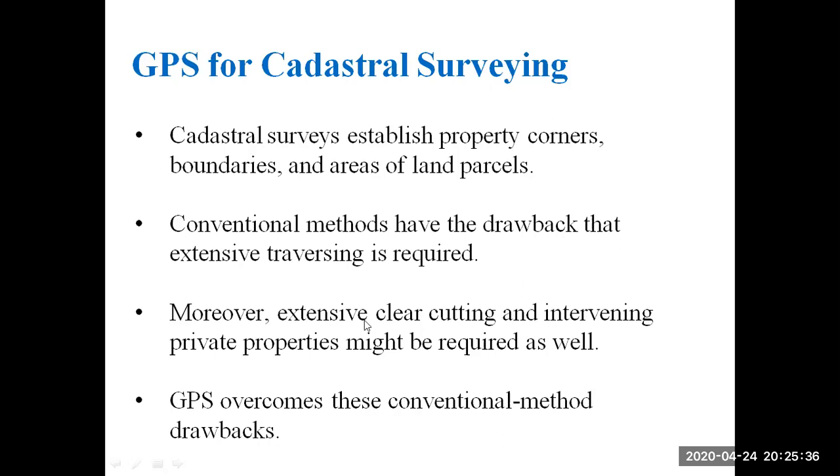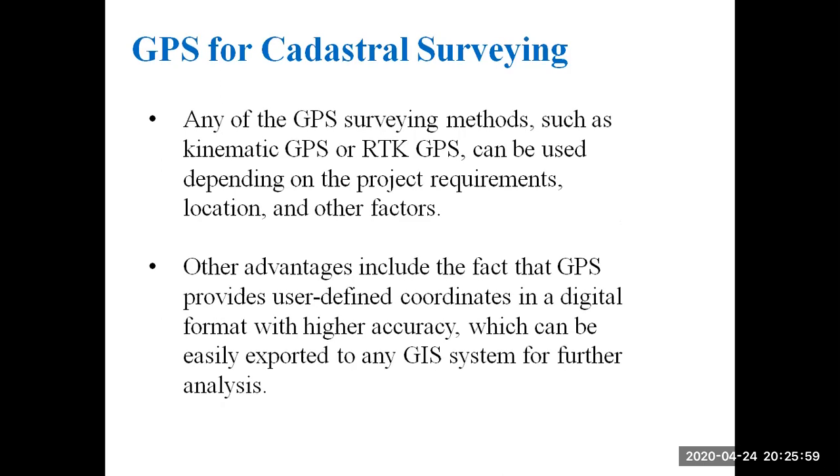Moreover, extensive clear cutting and intervening private properties might be required as well. Earlier, we required extensive clear cutting, and intervening private properties might have been required. GPS overcomes these conventional method drawbacks.